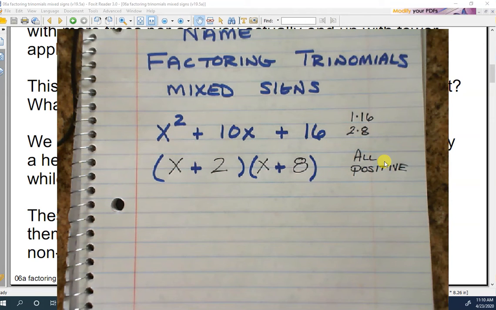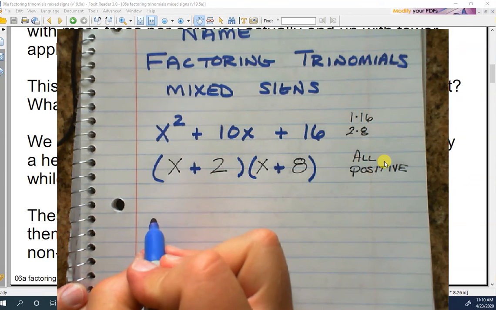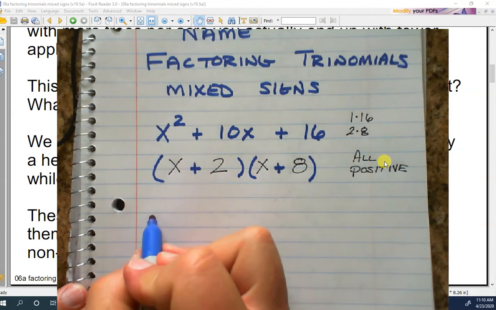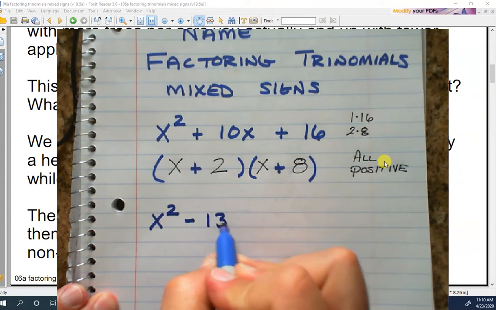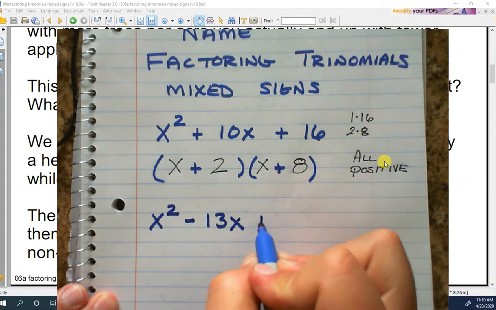Now we're going to do one that's all negative. So I have x squared minus 13x plus 30.